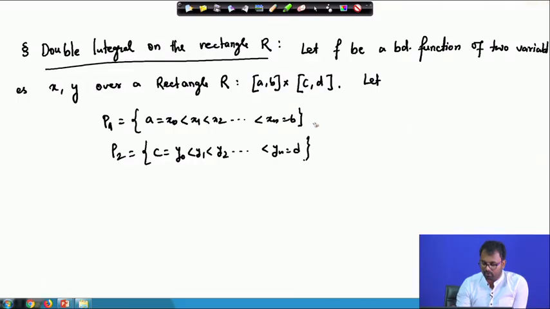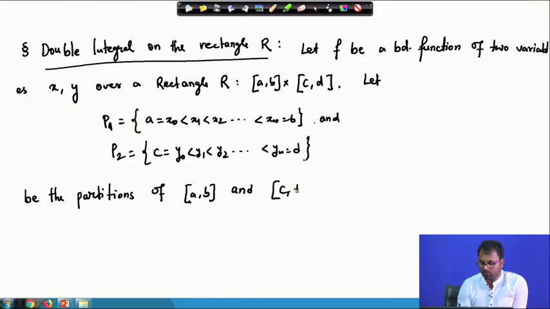Let P1 and P2 be the partitions of [a, b] and [c, d] respectively.